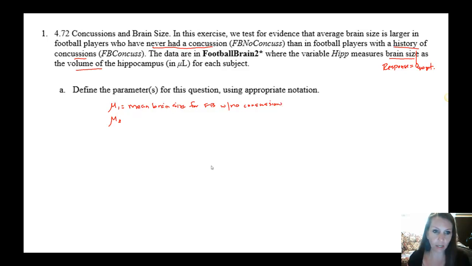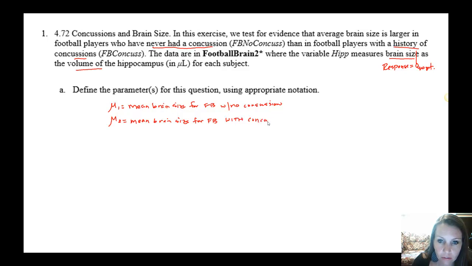And mu2 then is going to be the mean brain size for football players who do have a history of concussions. So mu2 is mean brain size for football players with concussions, or who have had a history of concussions.